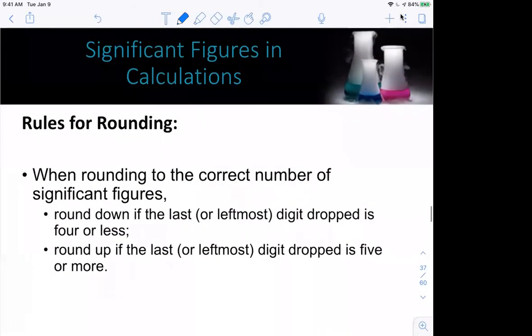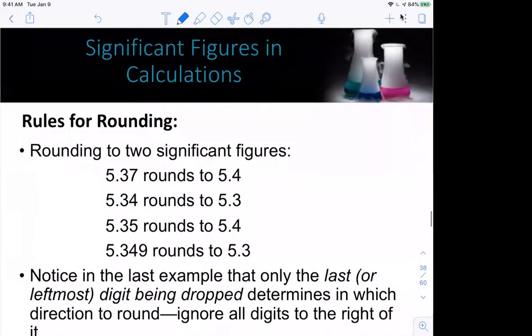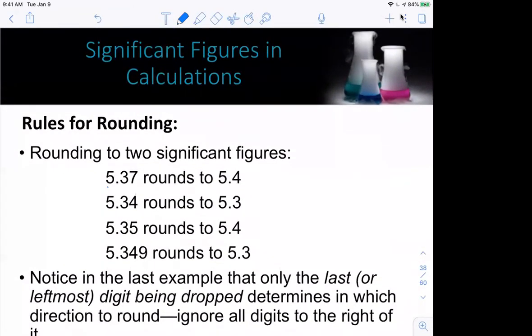So let's just go over the rules for rounding. You round down if the digit dropped is 4 or less. You round up if the digit dropped is 5 or more. So if I want to round this to 2 significant figures, this is a 7, it's greater than 5. I go from 5.3 to 5.4. If I want to round to 2, this is a 4, it's less than 5, it stays the same.